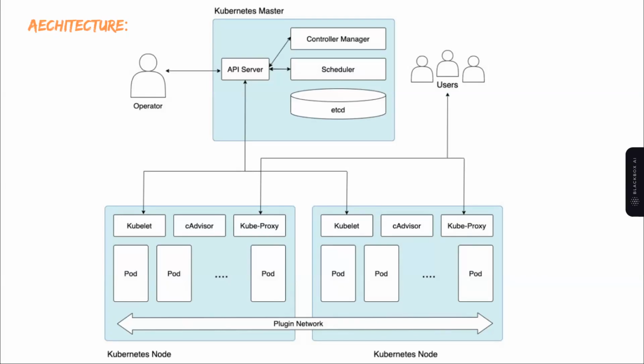Are you able to understand anything there? Tell me what you understand. So by seeing it, you understand there is one master and two worker nodes.